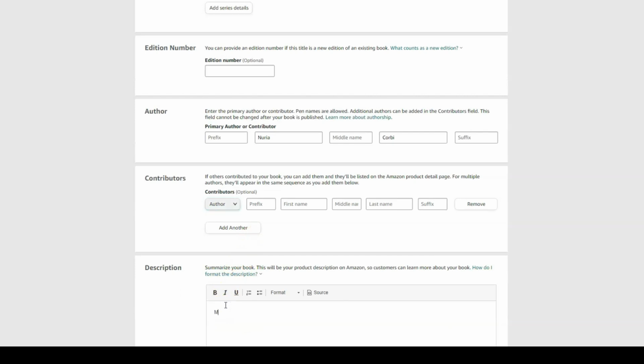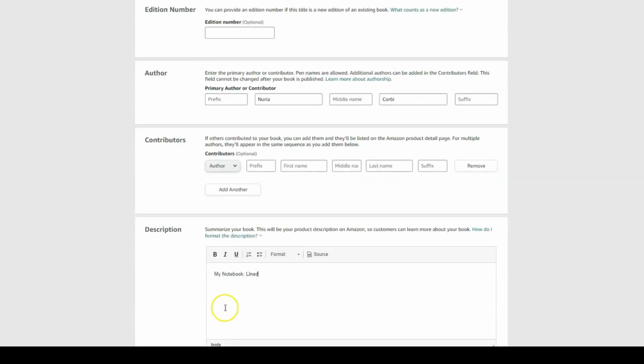So I've got My Notebook, and then lined pages with floral cover design, and I like to make that bold.